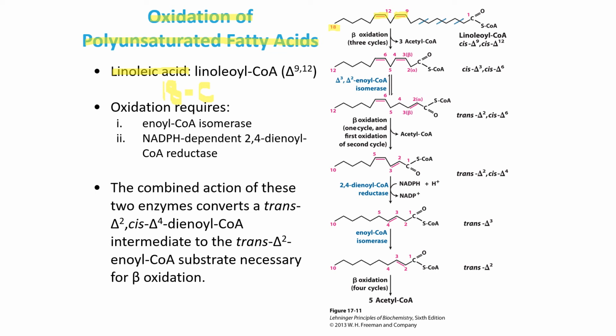As we saw, for the oxidation of polyunsaturated fatty acid, we need two additional enzymes, isomerase and reductase. So you need to remember the names for polyunsaturated fatty acid. And the combined effect of these two enzymes will be to convert a dienoyl CoA into a trans-enoyl CoA. Simple as that.